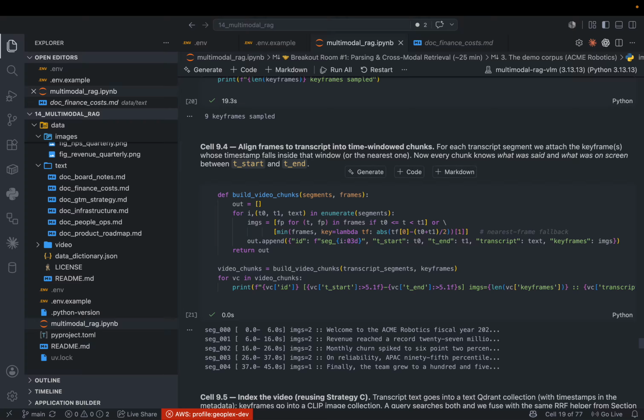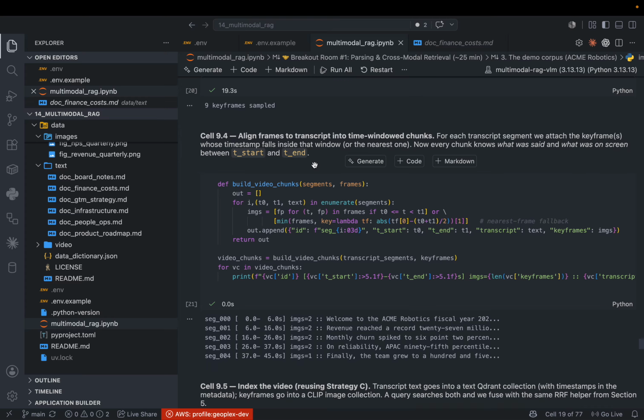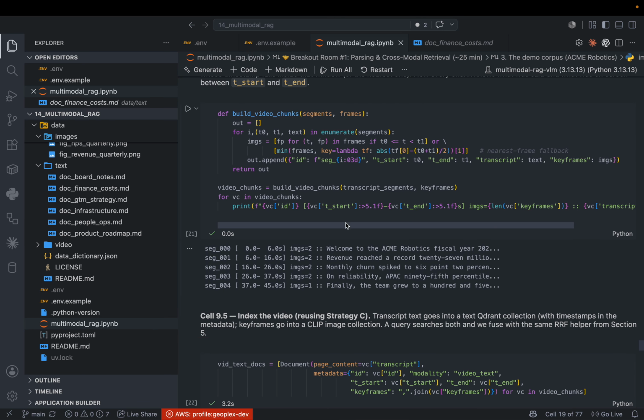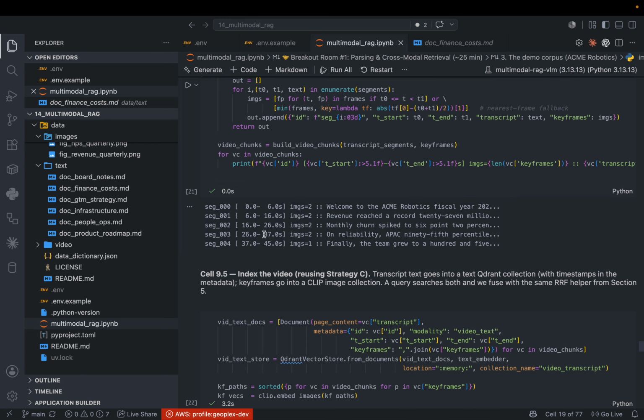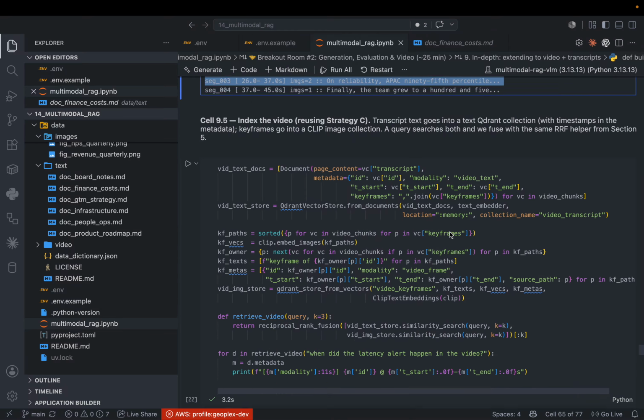A time-stamped transcript and a sequence of keyframes are captured from the video, and they're windowed into chunks that know what was said and what was on the screen. And we reuse the same retrieval methods and strategies that we described before. And now the answer comes back with clear timestamps. And so you can see that here where we have our timestamps and what was on screen.